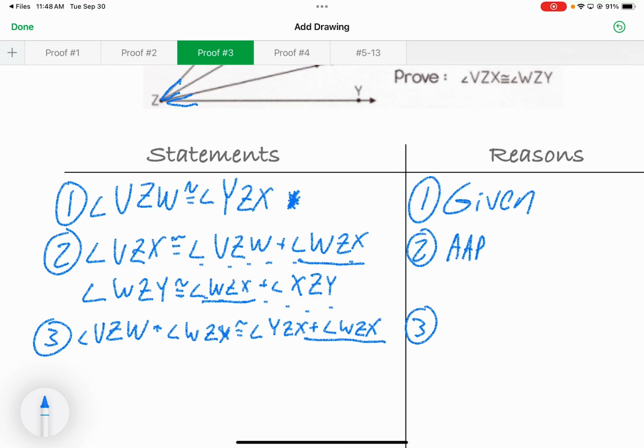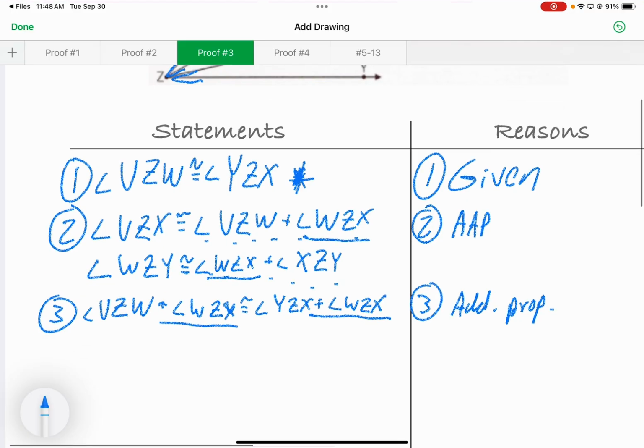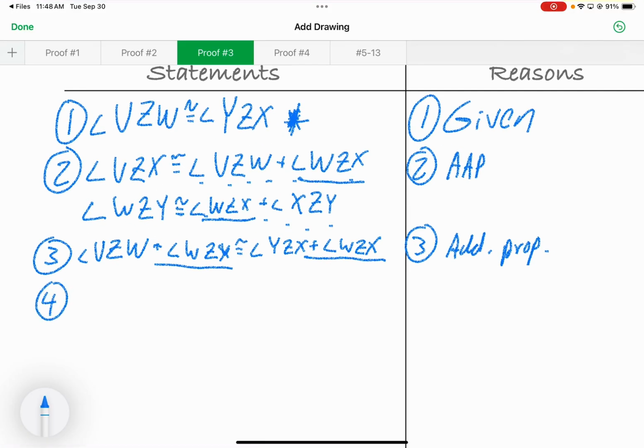So what I did was I added WZX to both sides of that statement up above. Since I added the same thing to both sides, what property is that? Not that I expect you to remember every single example and homework problem that we've done, but we've done a couple of these. What is VZW plus WZX?